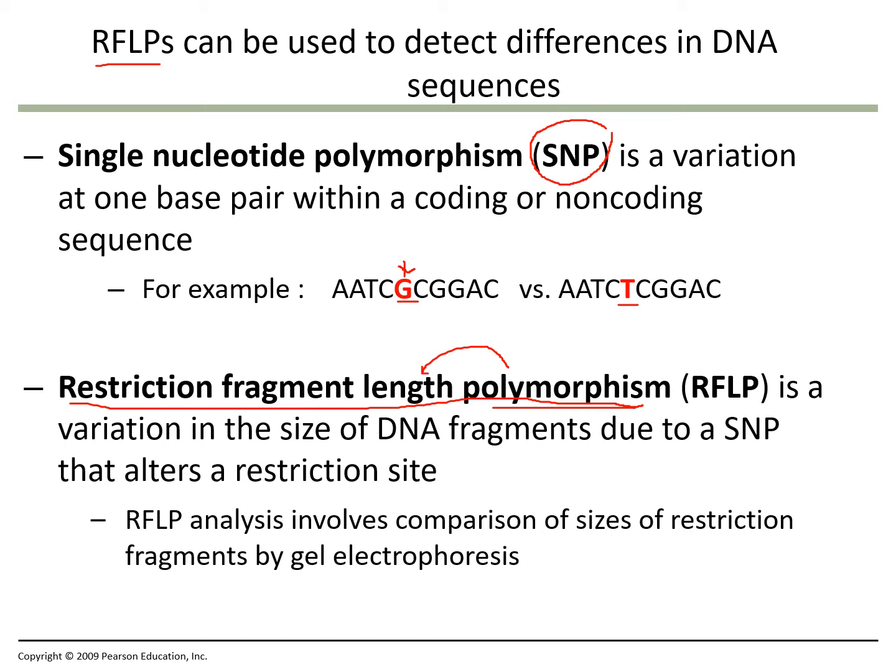So restriction fragments, from being cut with restriction enzymes, leave fragments of DNA, and their lengths are polymorphic. The lengths are different. So RFLPs can be the result of a single nucleotide polymorphism. You change one nucleotide, and when the restriction enzymes go to cut the DNA, it cuts at a different place and thus makes a different length.